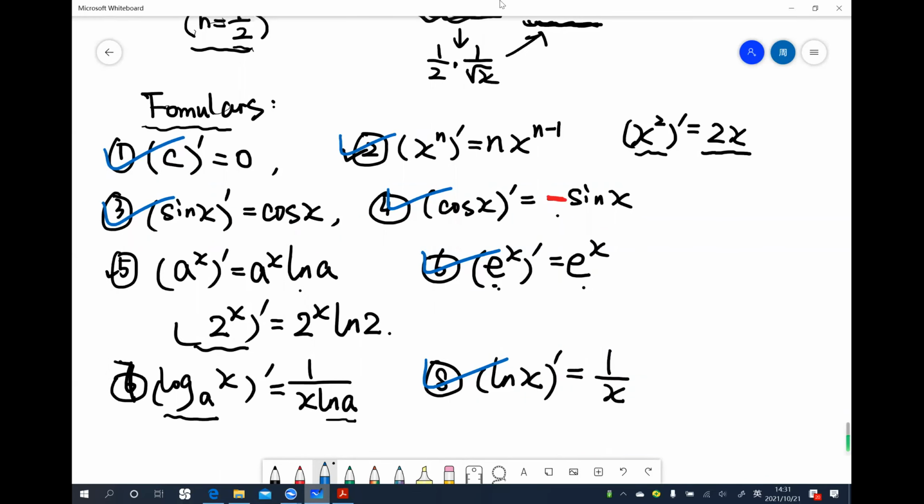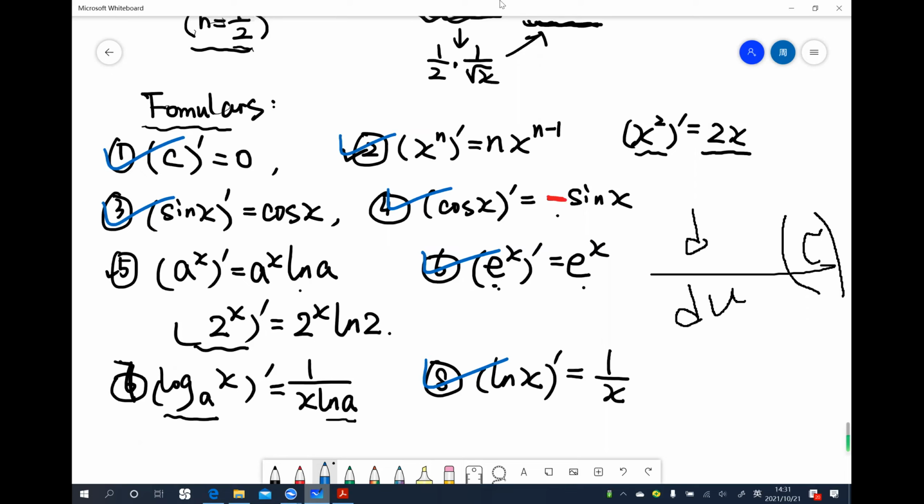Why are we using the prime sign? Why can't we use d by dx in these formulas?